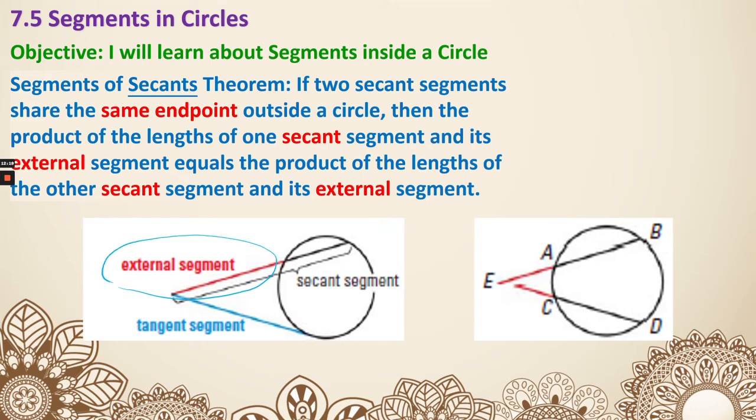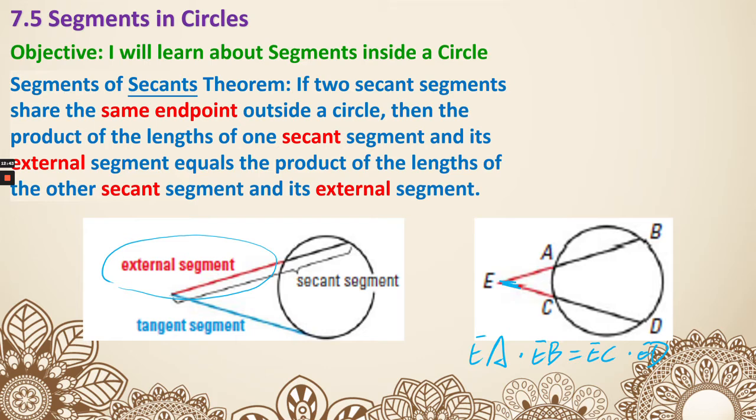It's actually just talking about the part that is completely outside the circle, which is also on the secant line. And of course, the specific one is actually talking about this one. And we're going to form the same kind of thing. EA times EB is equal to EC times ED.